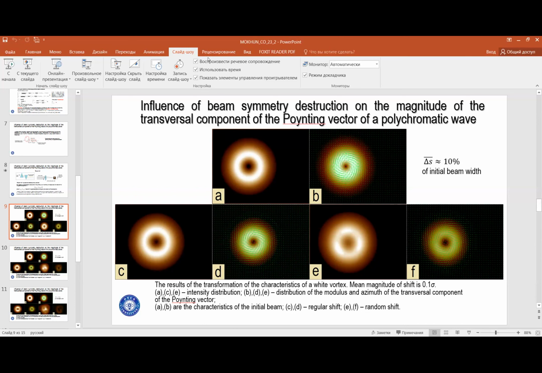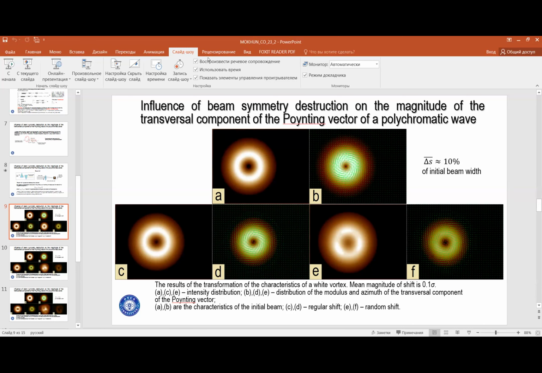I cannot say about really polychromatic waves, but I see some perspective for optical tweezers based on the superposition of two or three, a limited number of waves with different frequencies.